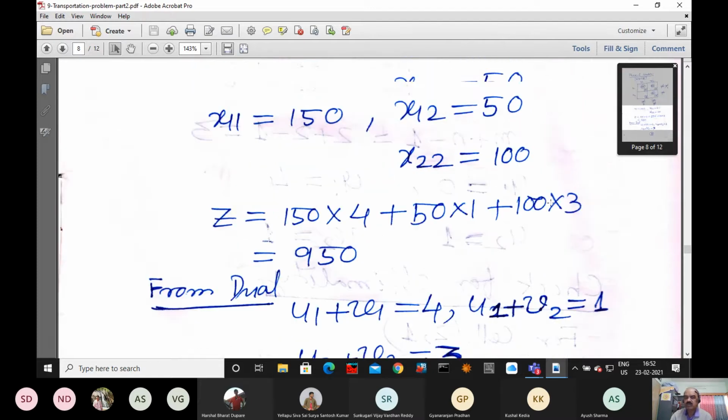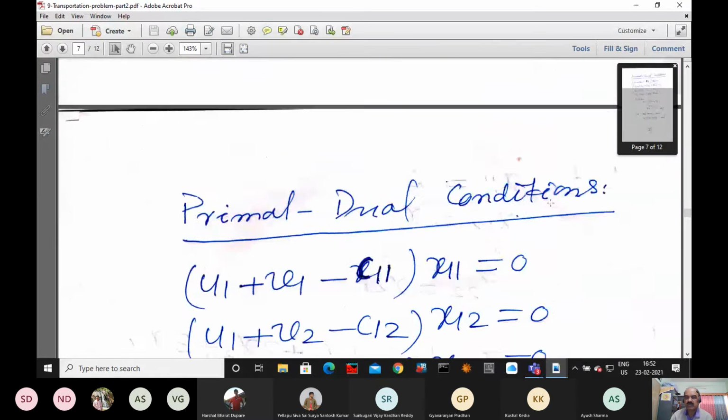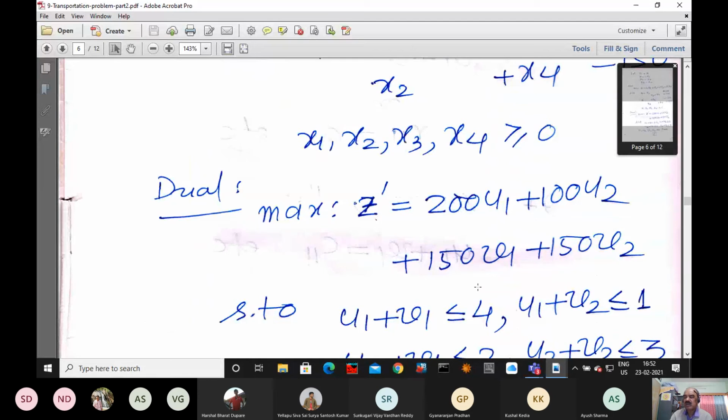So 4, 1, 0, 2. Actually, you have to write it down because you need not remember. So this is 200; 150 into 4 is 600. 600 plus 200, 800. And V2 equal to 1, so 800 plus 150.